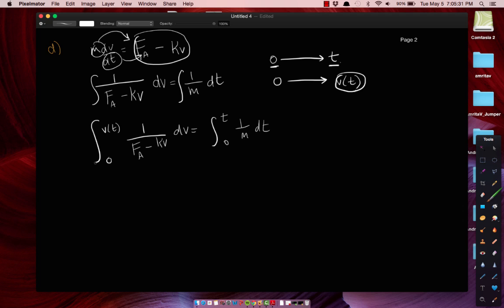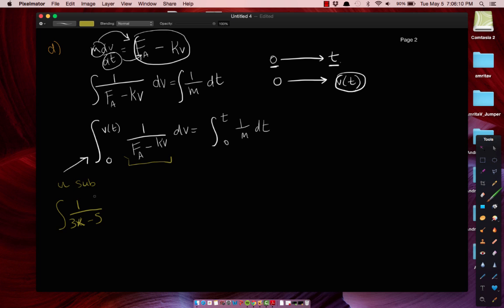Now we're going to need some calculus knowledge in order to solve this. The way that you would solve this integral is by doing u substitution. The way I do u sub is I give myself a sample problem. This is similar to 1 over, with some random numbers, 3x minus 5. So my kv is like my 3x, and my negative 5 is like my Fa.